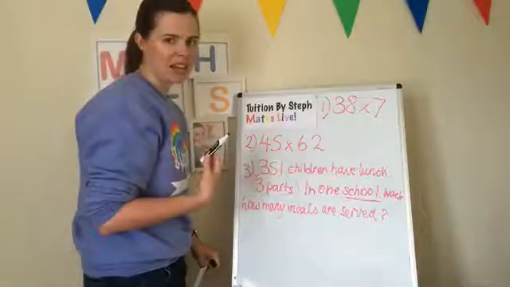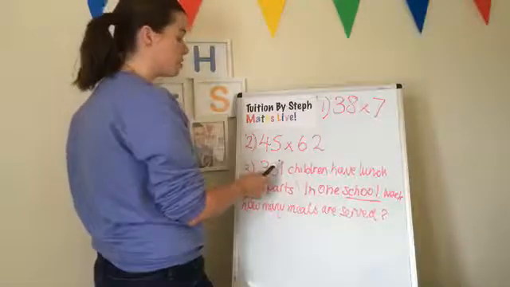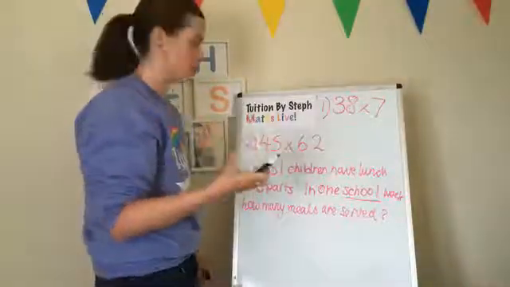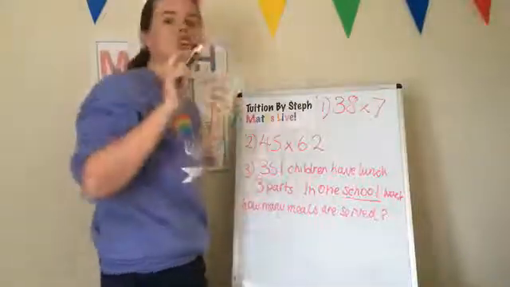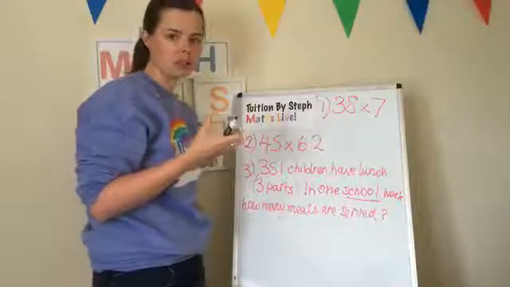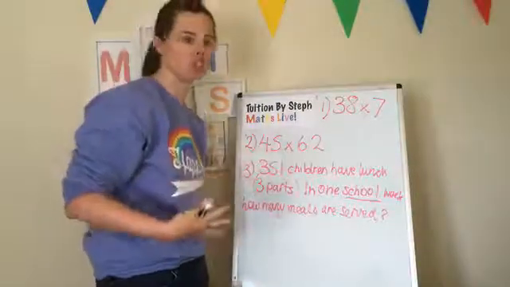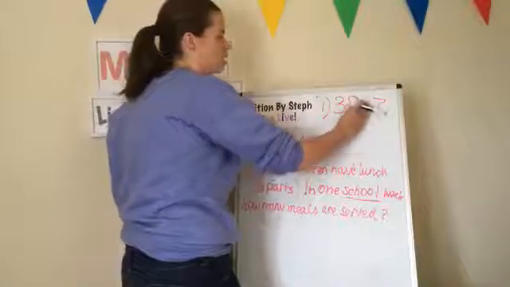Because I wrote this myself, this is my question that I made up, so I want to make it as clear as possible. There's 351 children who have lunch at the school, and lunch is made up in 3 parts. Okay, there's a main meal, dessert and fruit. In one school week, how many of those meals are served? So if they have 3 each, how many are there all together for all the children? Okay, in the meantime, we've got 38 times by 7.